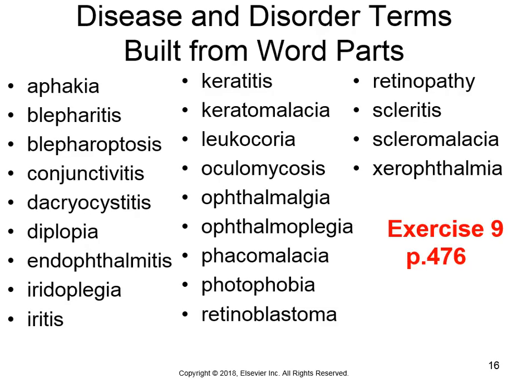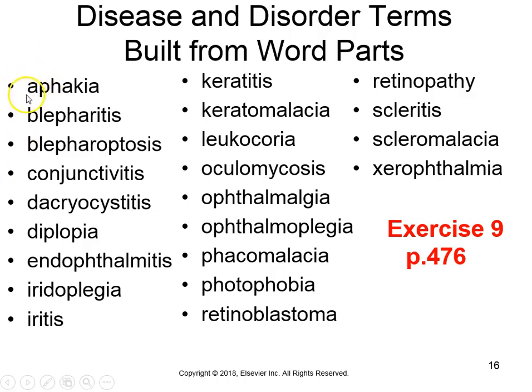Okay, to the diseases. There is a lot of them. But these are all from word parts, so take a deep breath and realize that you have learned a lot of these in your life up to this point. Some of them are going to be a little tricky. For example, aphakia. It is chopped up in terms of what it is.